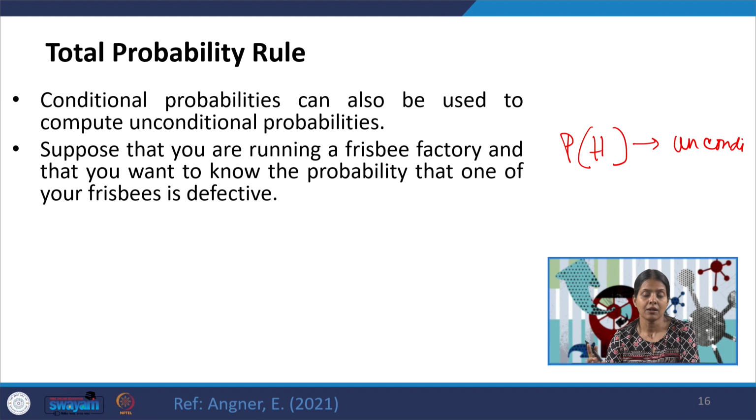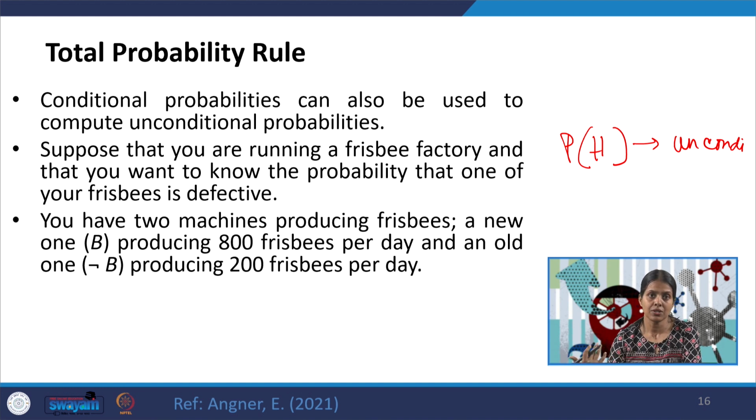Suppose you are running a frisbee factory and you want to know the probability that one of your frisbees is defective. We need some more information. So, this is the information. You have two machines producing frisbees: a new one, denoted by B, producing 800 frisbees per day, and an old machine, denoted by not B, producing 200 frisbees per day.